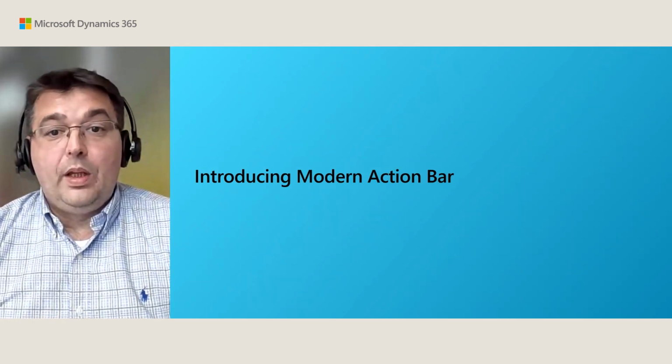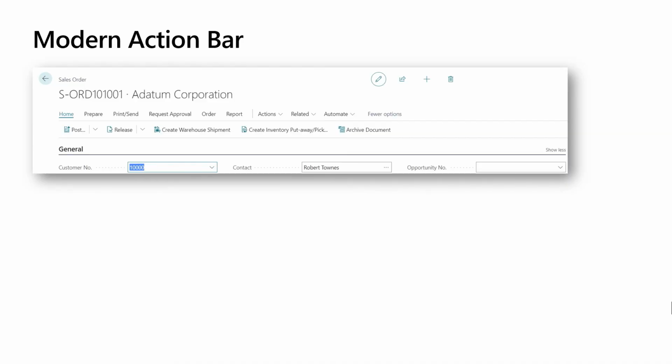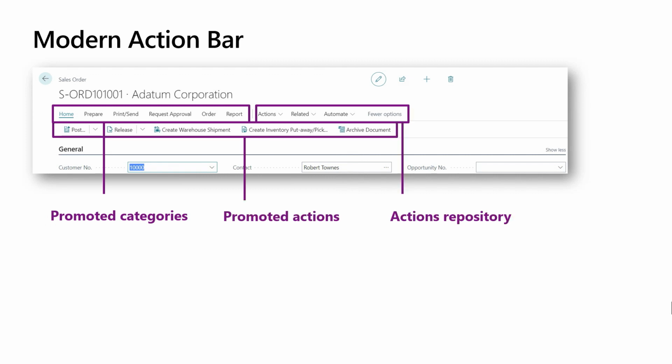And with that, to address those needs, we are introducing this Modern Action Bar. So what is it? The action bar consists of promoted categories, actions, and the action repository. Promoted categories can contain promoted actions and promoted subcategories at any level.